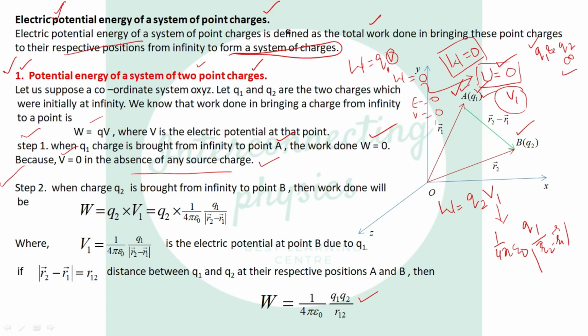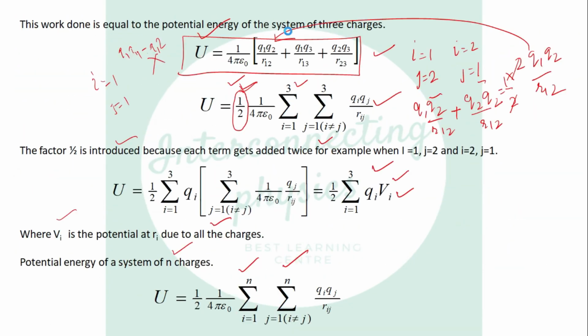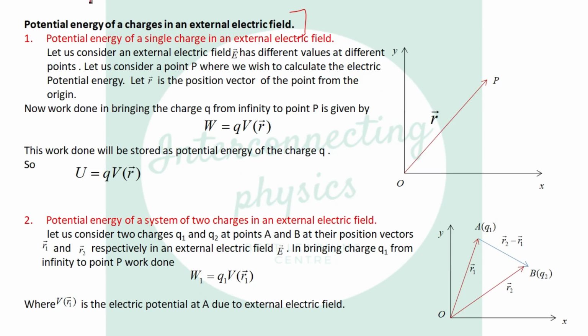So what is the difference here? You see, here we are given an external electric field. It means we have to bring some charge from infinity to a point in the external electric field, and earlier we were not given an external electric field.